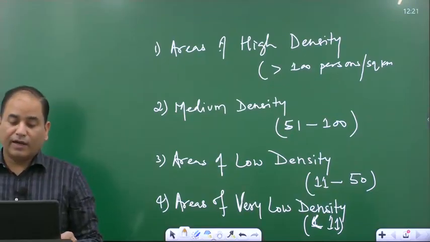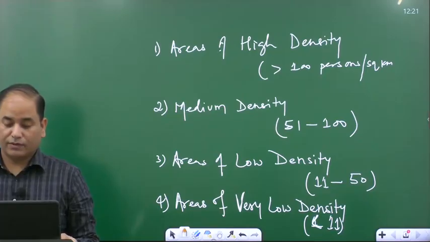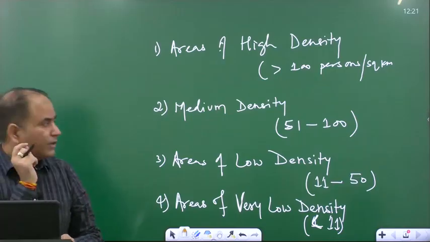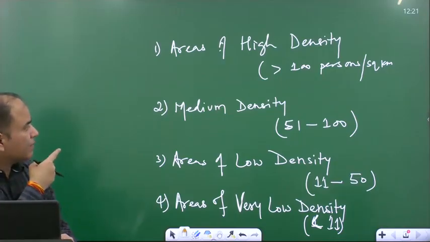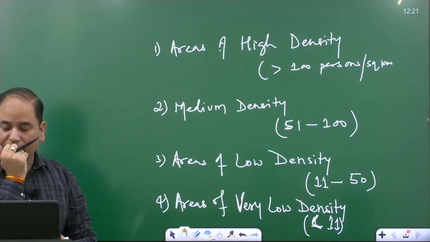The next is areas of medium population density. Medium population density is between 51 and 100. In Europe you will have countries like Romania, Spain, Greece.